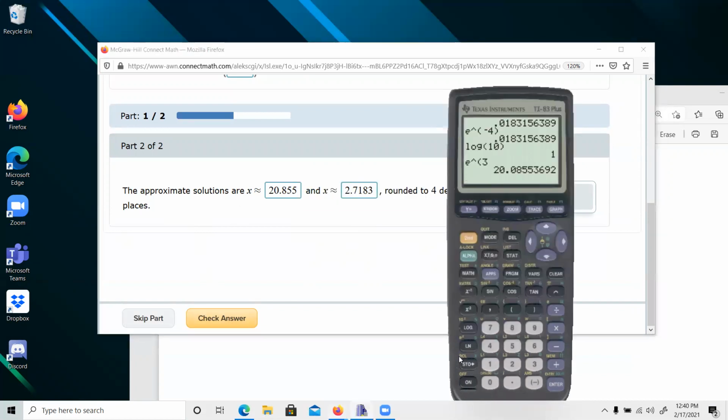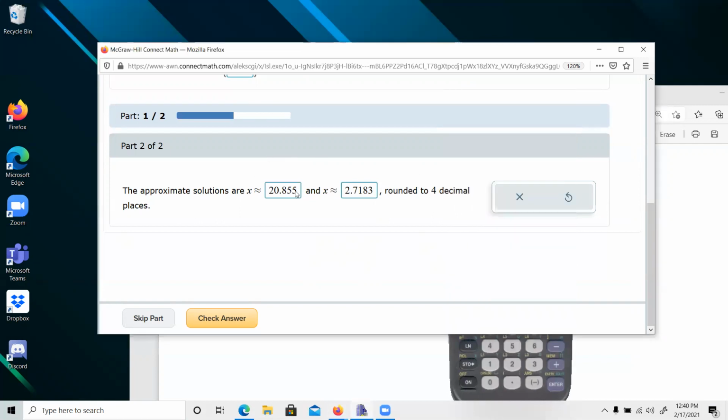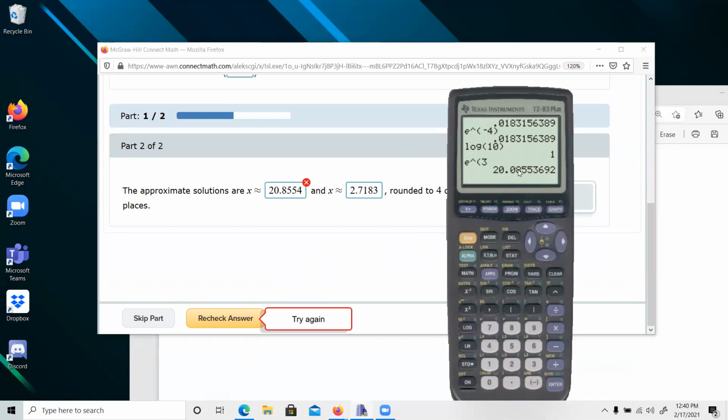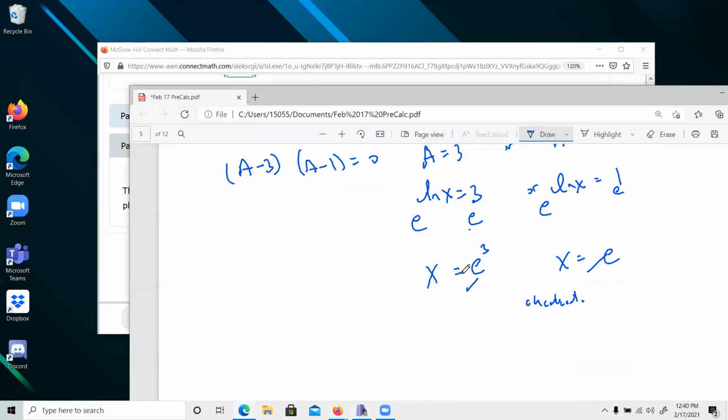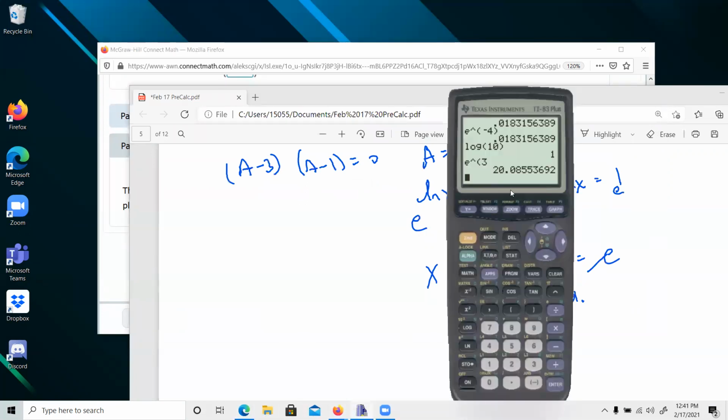Oh, 4. 0.855, and then it's a 3, but it should be rounded up to a 4. Was it really e cubed? Is that what I typed in? It is e cubed.